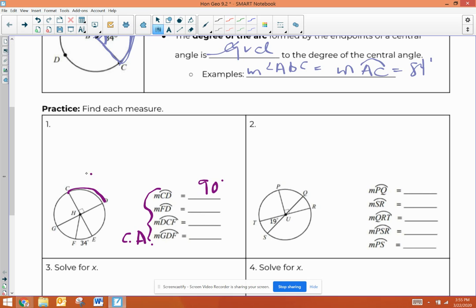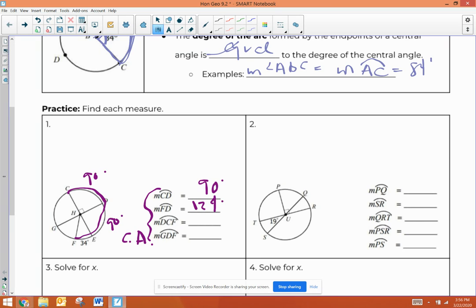This is also 90. So FD would be 34 plus 90, which is 124. Don't judge me. Yeah, 124. Just didn't want to make a mistake, okay.